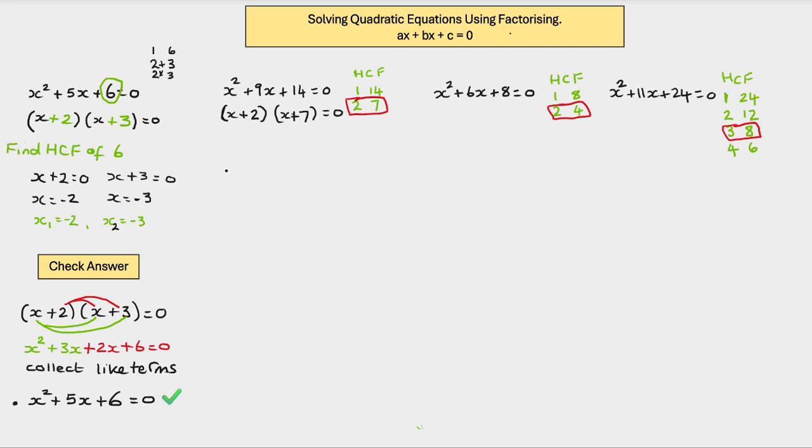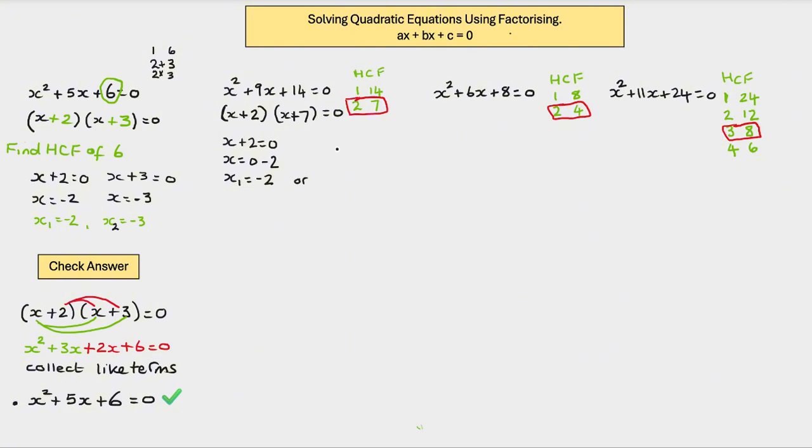That's it. But obviously, there's two solutions here. So let's work on this. So we've got x plus 2 equals 0. x equals 0 minus 2. So our first solution equals minus 2.